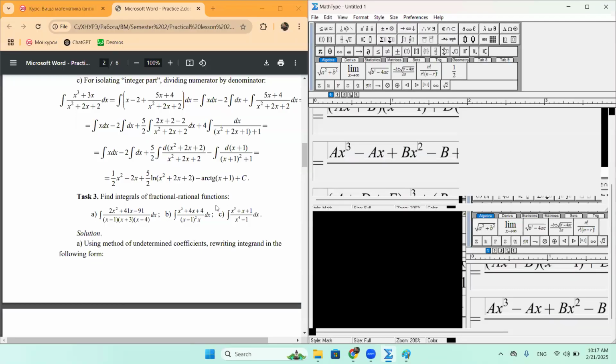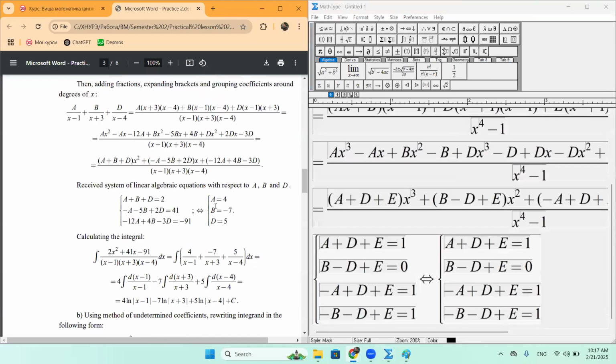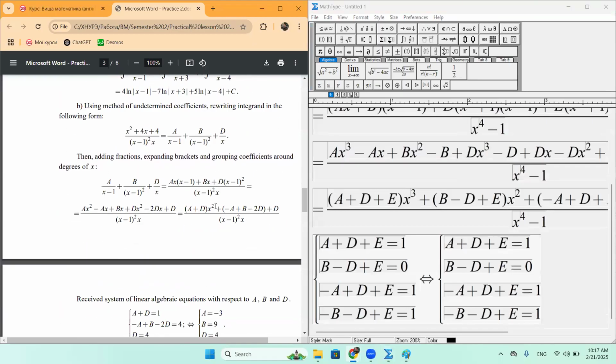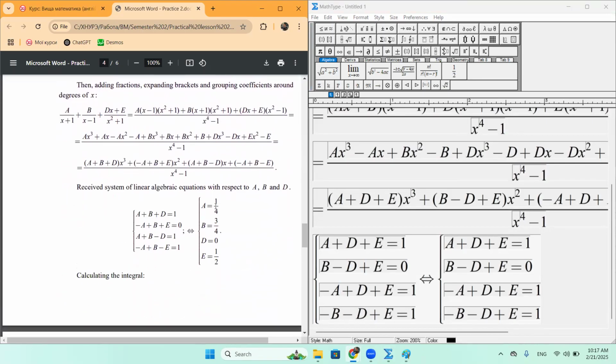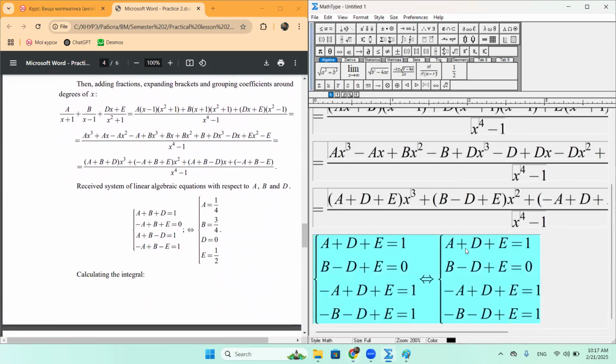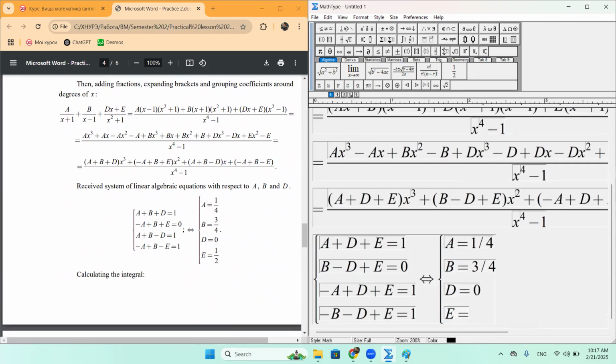So the solution of the system: a equals 1 over 4, b equals 3 over 4, d equals 0, nice, e equals 1 second.